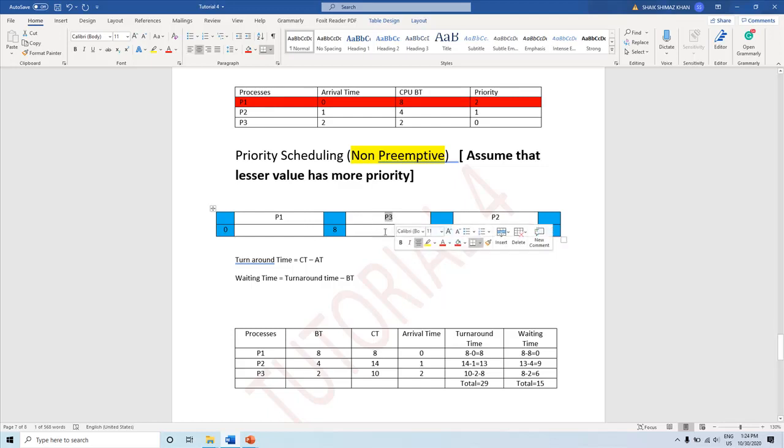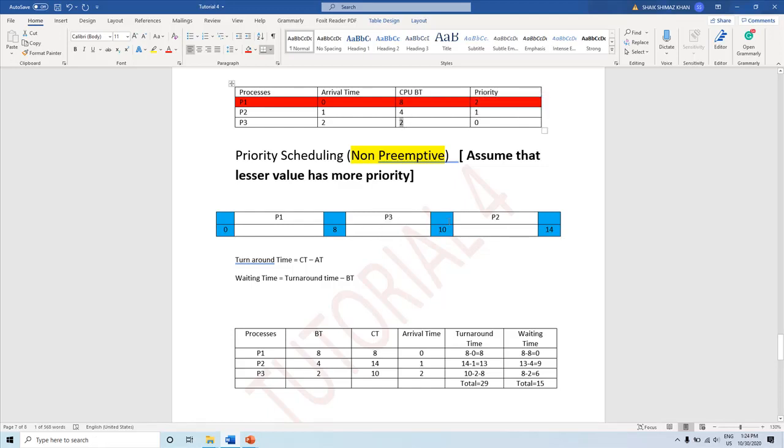So P3 starts the execution, its burst time is 4. So P3 gets the CPU and runs until its burst time completes. So 8 plus 2, 10.